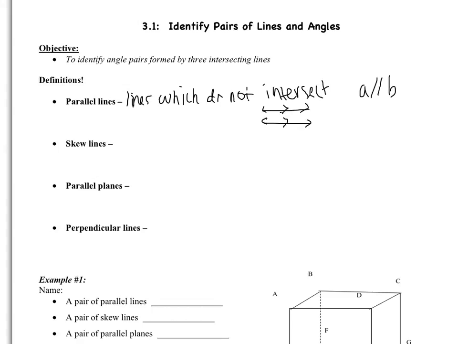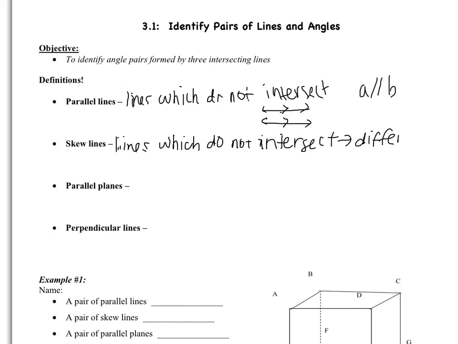Okay, skew lines are lines which do not intersect. But they have to be in different planes. So right now that's kind of difficult for me to draw, so we're going to wait until we get to our example. Parallel planes, as you can guess, are planes that do not intersect.